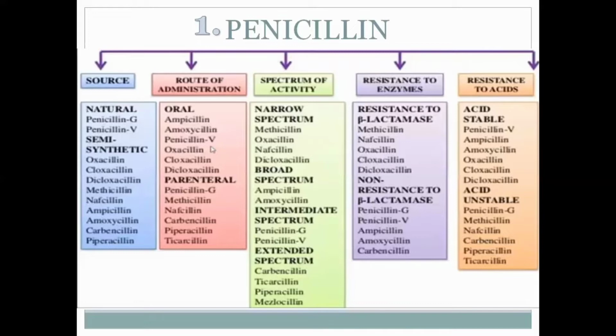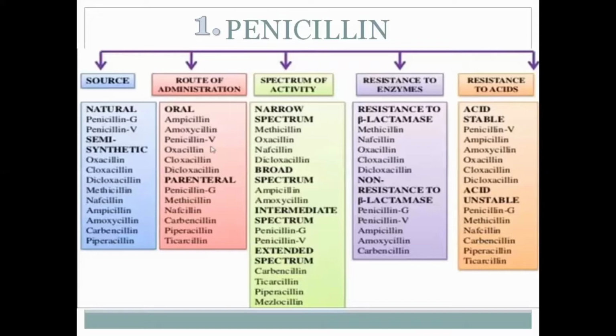According to the spectrum, we have 3 classifications here: narrow spectrum, broad spectrum, and extended spectrum, which at times can have an intermediate spectrum, composed of penicillin G and penicillin V. In the narrow spectrum, we see these drugs which are very sensitive.